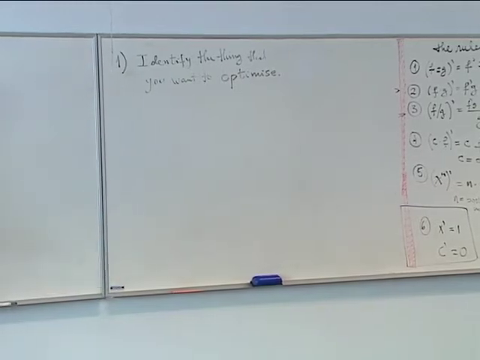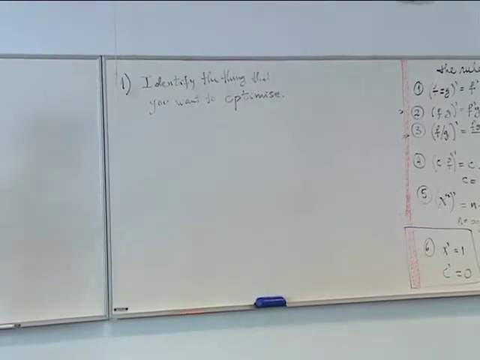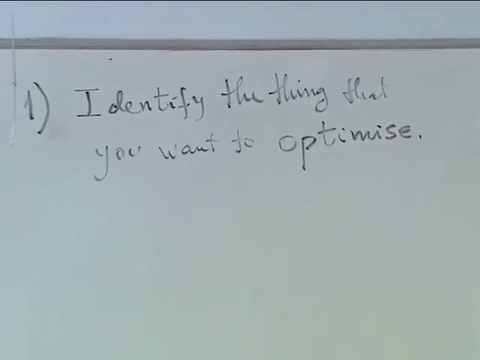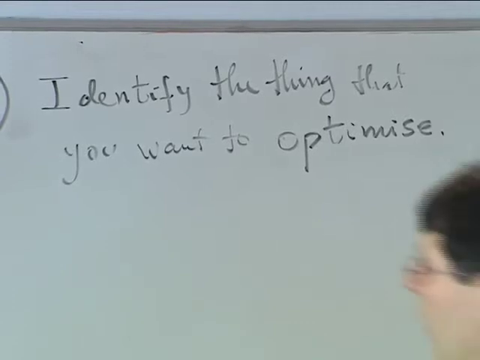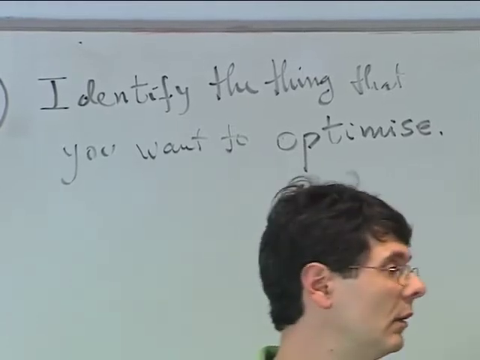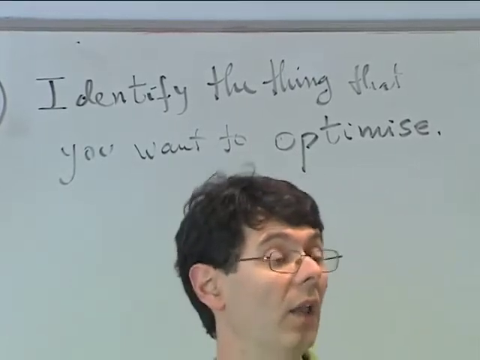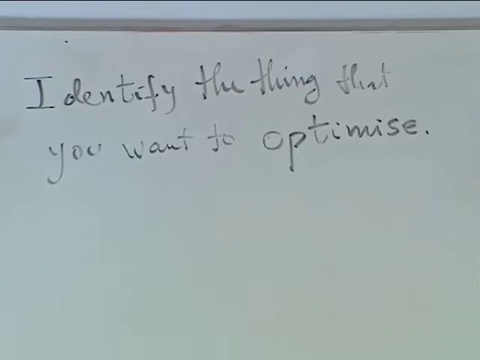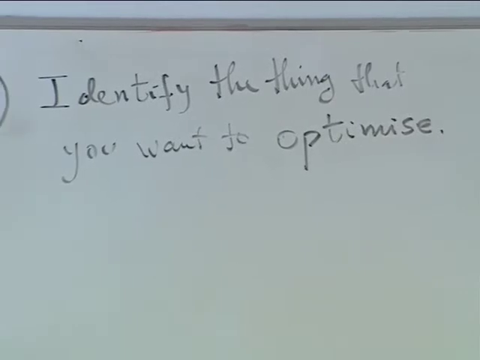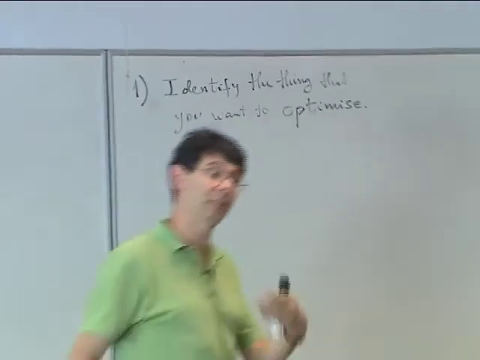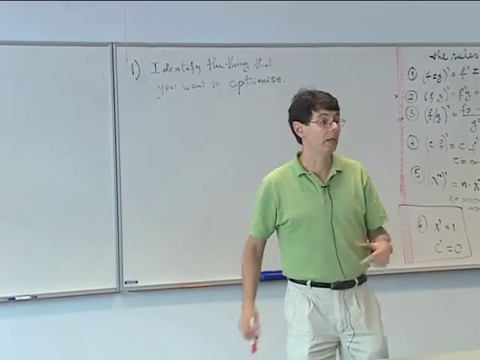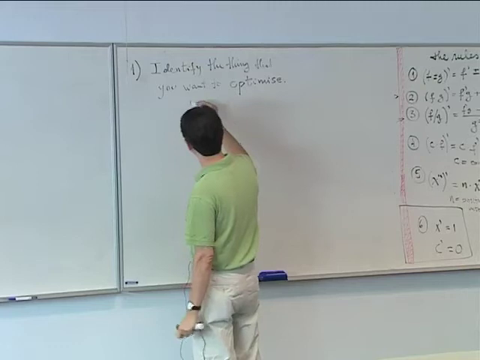Okay? What in this problem here, does anybody want to volunteer? What do you want to optimize? Read the problem. What do you want to maximize? The product. Okay? The product. So you identified. You were even going to say more if I didn't interrupt you. You're going to say the product between A and B. So you can write that in words.